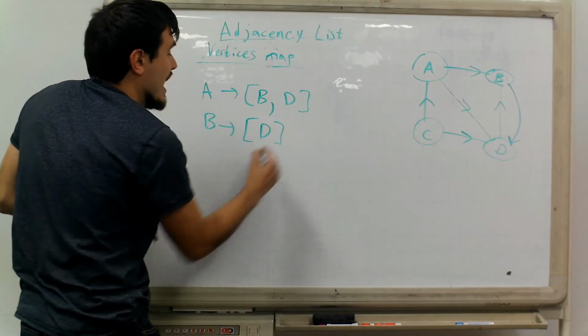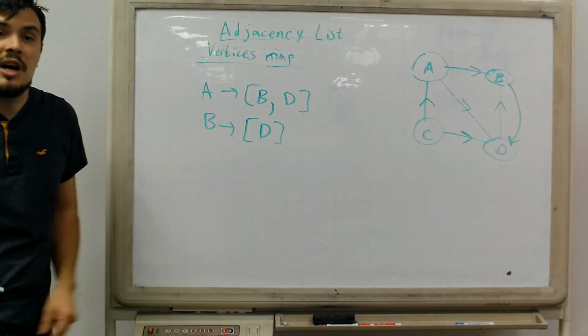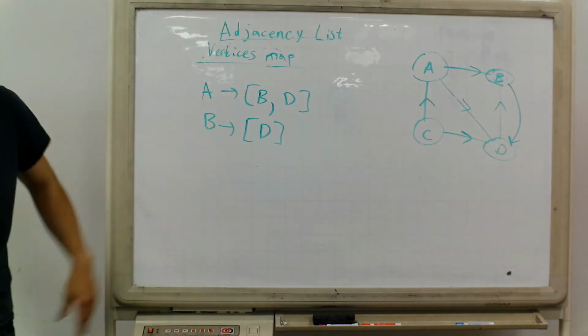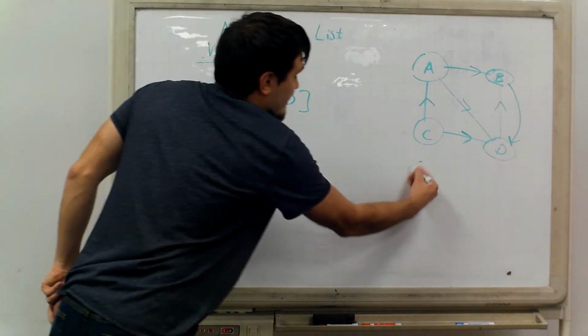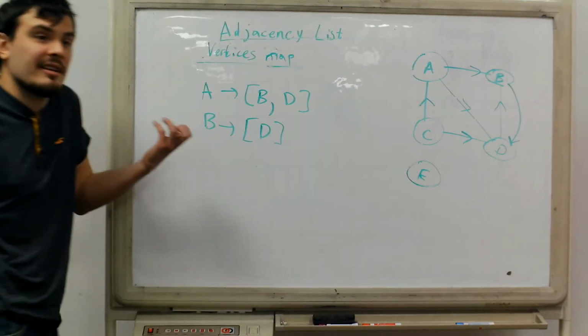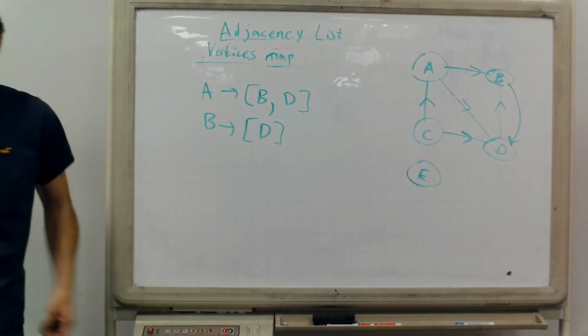And it actually could happen for one of these lists to be empty too. This is possible. Even in the undirected world, it's possible if a node is all by itself, right? Like if there's like some E out here, not connected to anything, well, it's going to have an empty adjacency.